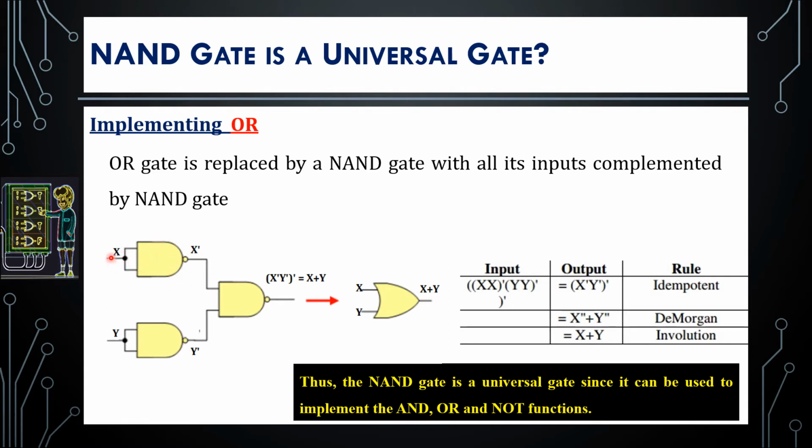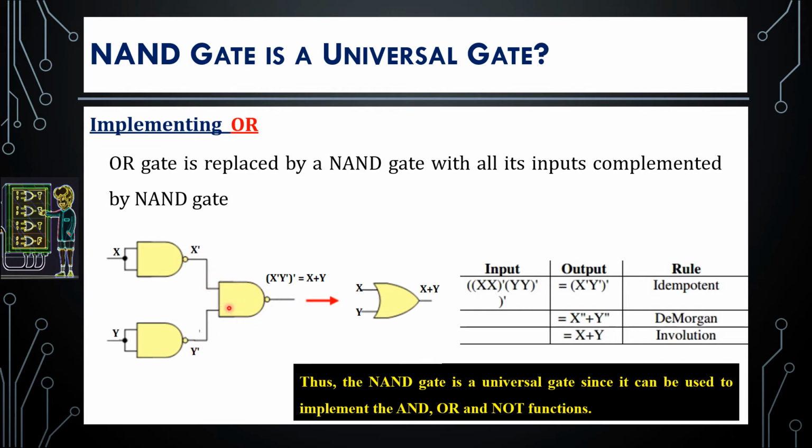So X is given to a NAND gate and we'll be getting X bar. Similarly, Y is complemented using a NAND gate. Now we have got X bar and Y bar. Fine. We are giving these two values as the inputs to the third NAND gate.